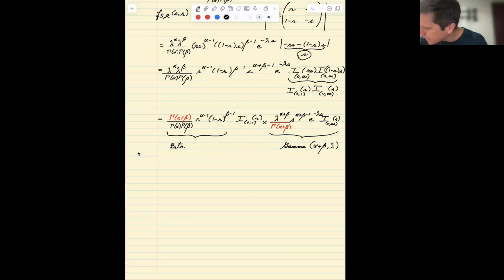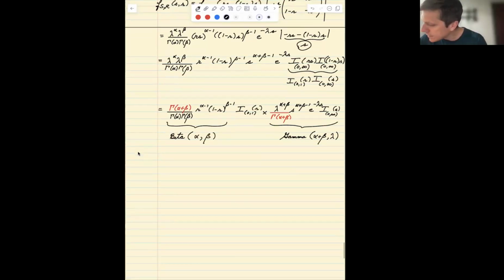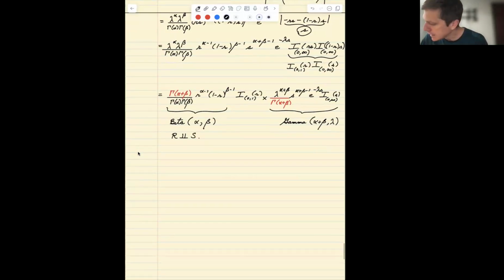So this is beta alpha, beta. And R is independent of S. We prove that R is independent of S by deriving the joint density of R and S and showing that it's a product.